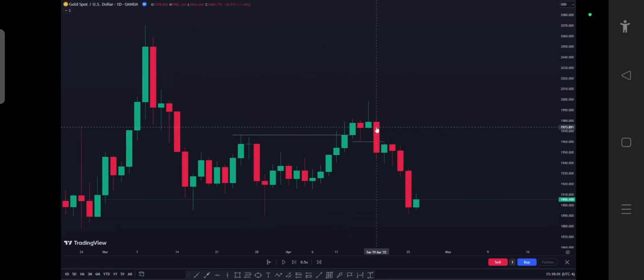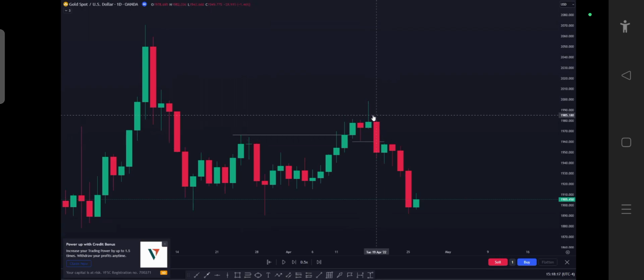When price took out this low, this was a displacement candle. After this, from this low, we don't want to see this high being violated, and price didn't violate that.